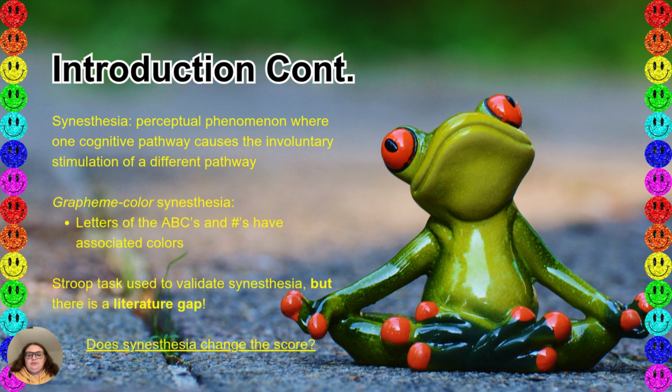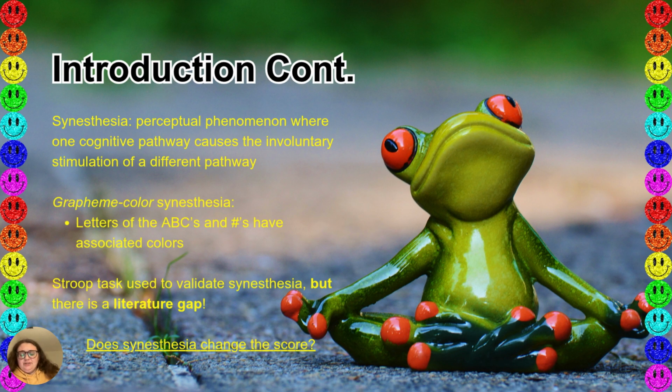This one source from 2026 focuses on the intricacies of synesthesia with regards to comparing synesthetes to non-synesthetes, and then within synesthetes, the difference between an associator versus a projector, because they're different. There are different types of synesthetes, even within grapheme color synesthetes.